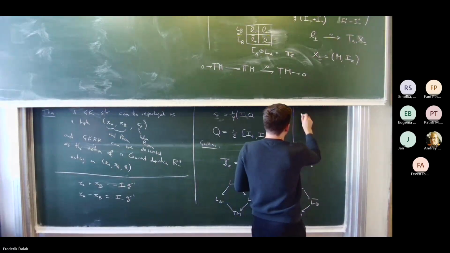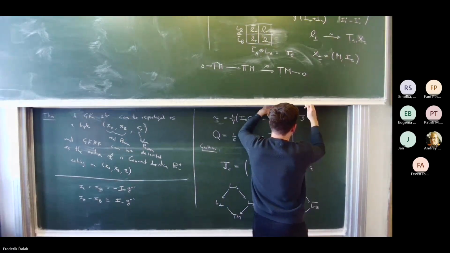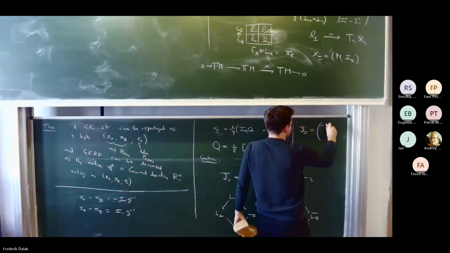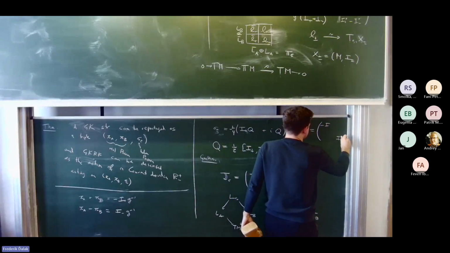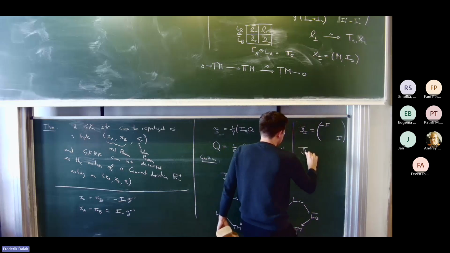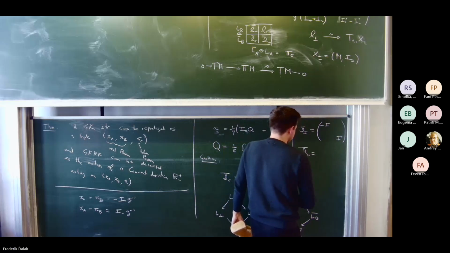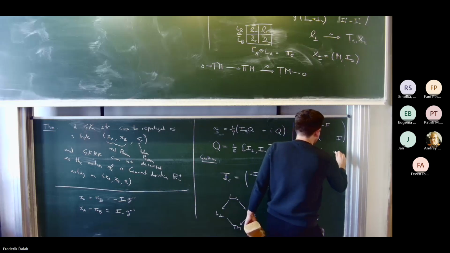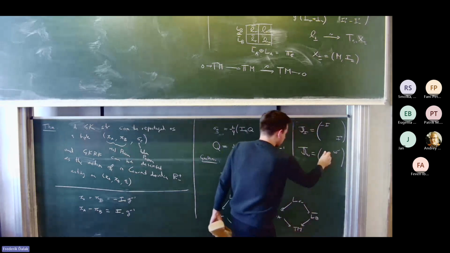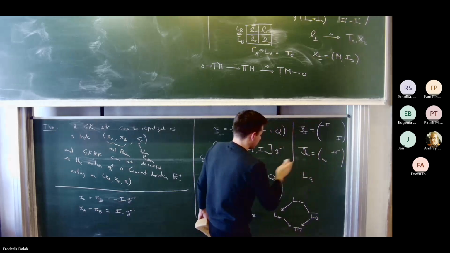So you have a complex structure, you can always produce a generalized complex structure in this way. And similarly, if you have a symplectic structure, you can always produce a generalized complex structure like this.